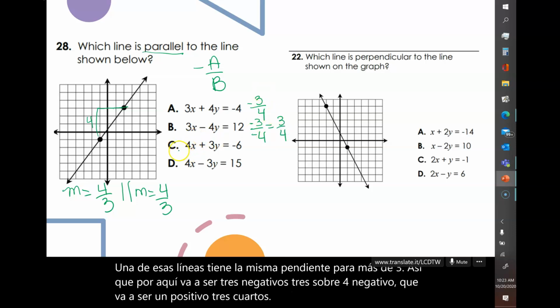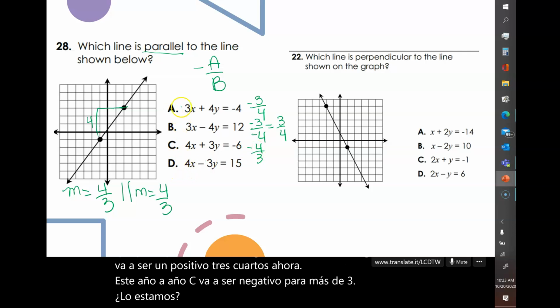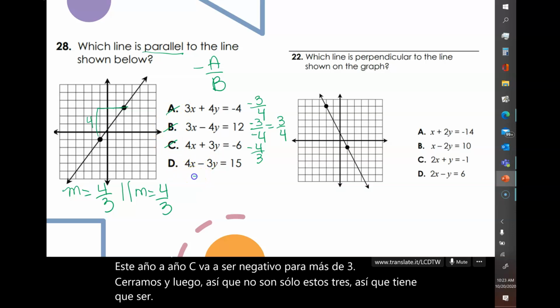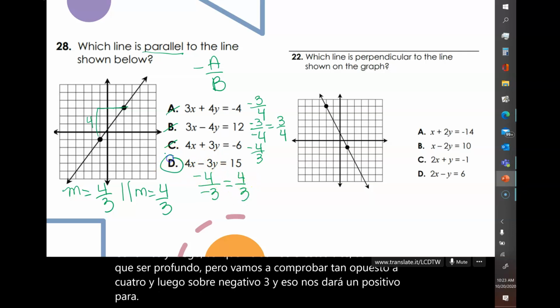Now this one over here, C, is going to be -4 over 3. So it's not these three. So it has to be D, but let's check. So opposite of 4, and then over -3, and that will give us a +4/3. So check. So it's D.